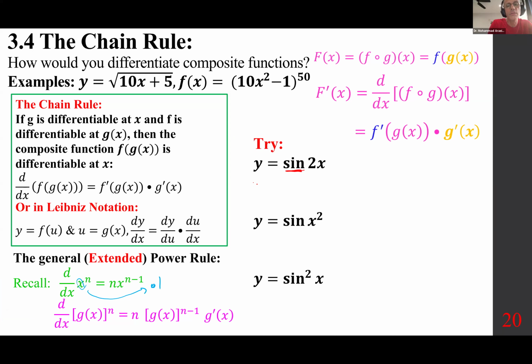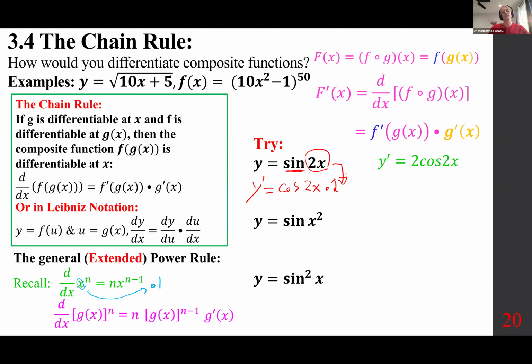So the derivative is cosine. But you can't have any trigonometric function without the argument, it is meaningless. So you must use the same argument and then times its derivative. This is the chain rule.